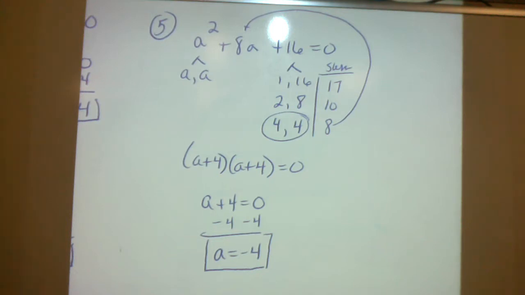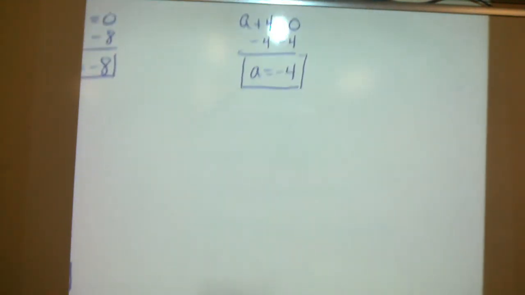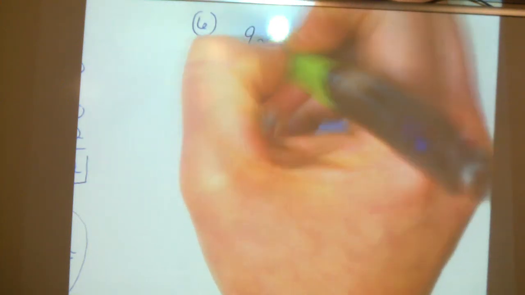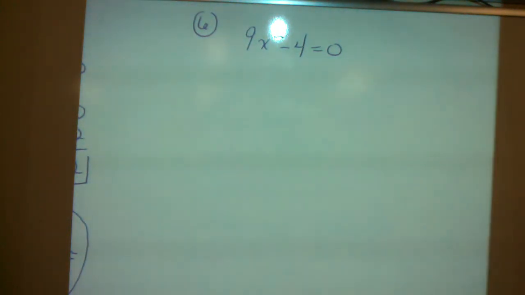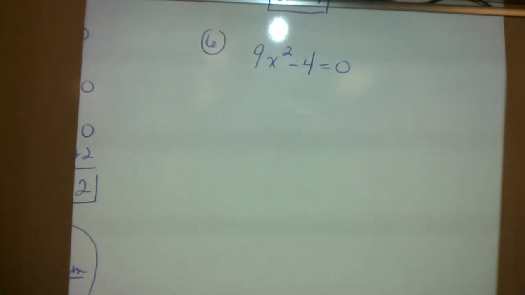Let's do one more. Number 6. I've got 9x squared minus 4 is equal to 0.